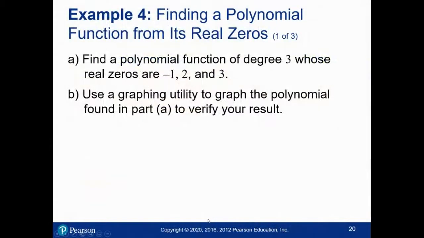Okay. So can you find a function, polynomial, of degree 3 whose zeros are -1, 2, and 3? So f of x is going to be written as a polynomial. Now, since -1 is a 0, aka a root, that means that x minus -1, or x plus 1, is a factor.